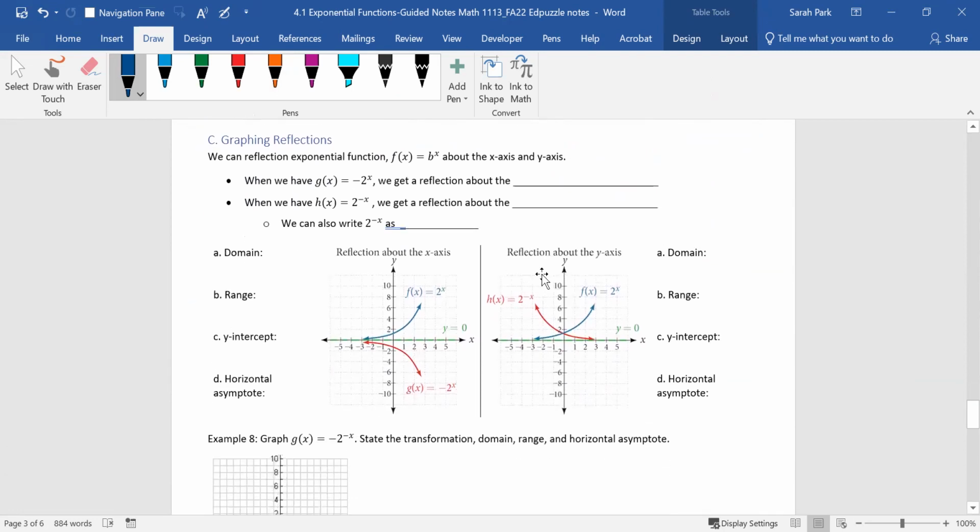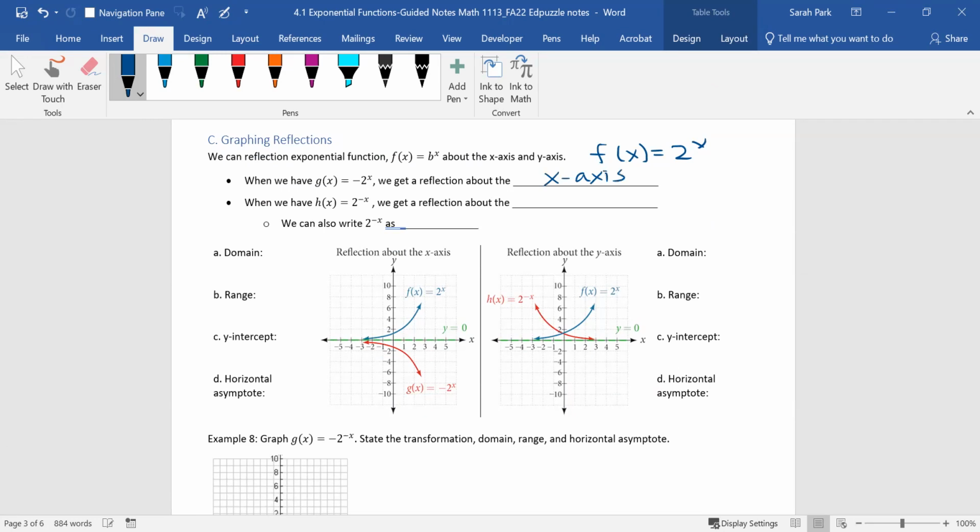Okay, so the last transformation we'll look at together is graphing reflections. Reflections involve reflecting about the x-axis or the y-axis. So if we have a parent function, we're comparing it with f of x equals 2 to the x. If we have -2 to the x, we get a reflection about the x-axis.